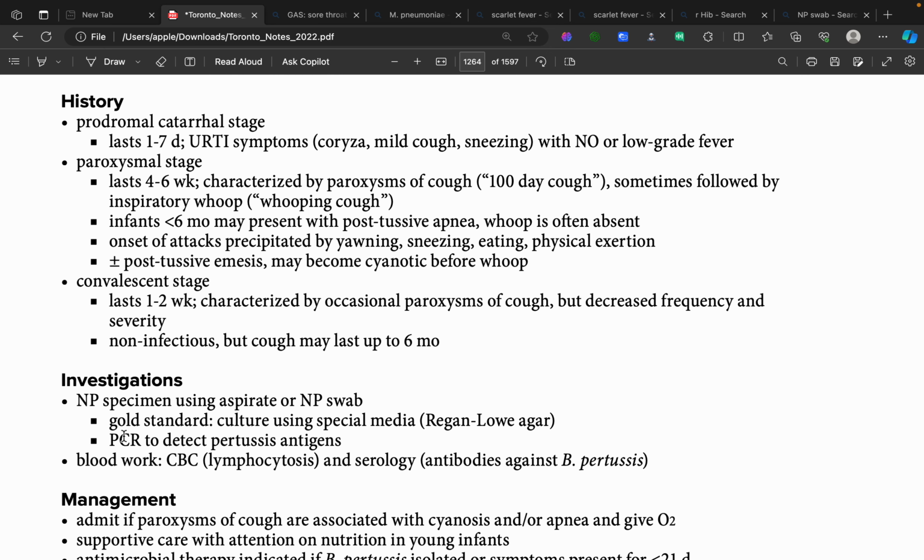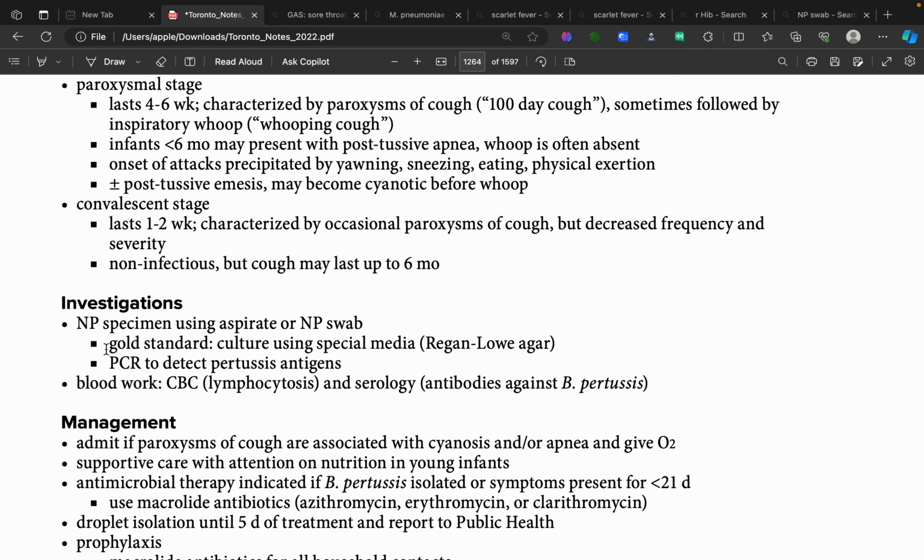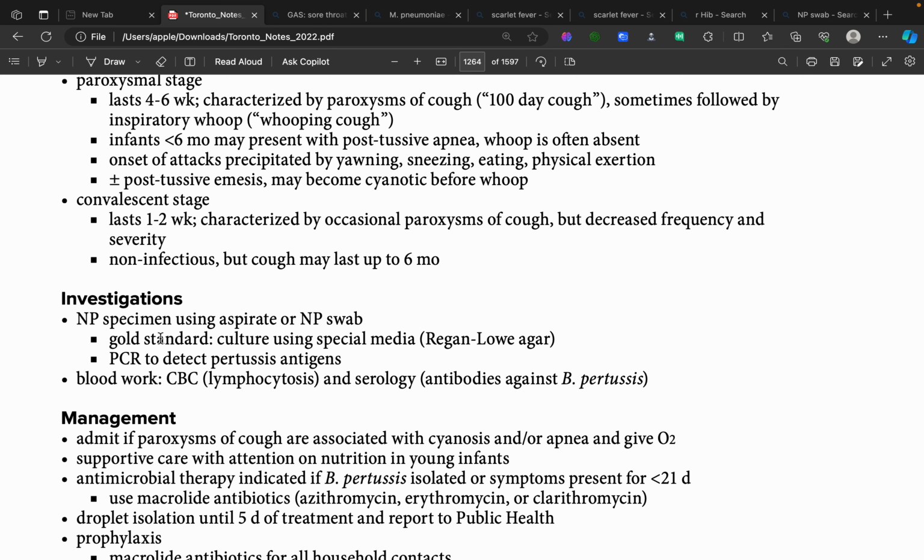So the investigations which we need to do: nasopharyngeal swab and specimen, and the gold standard will be culture using special media. It's Regan-Lowe agar. And the PCR to detect pertussis antigen.